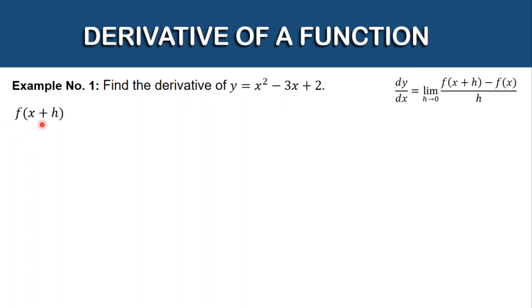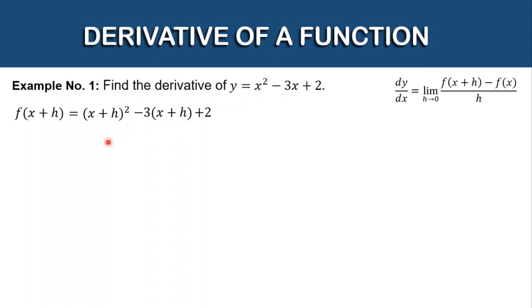So f of x plus h, so bawat x dito sa ating equation ay magiging x plus h. So this is equal to quantity x plus h squared. So ito yung x squared sa ating given. Then minus 3 times yung x magiging x plus h. So naging minus 3 times x plus h. Then plus 2.